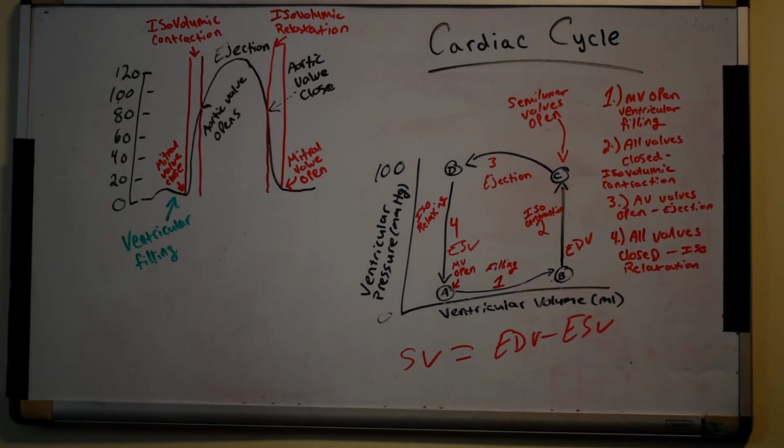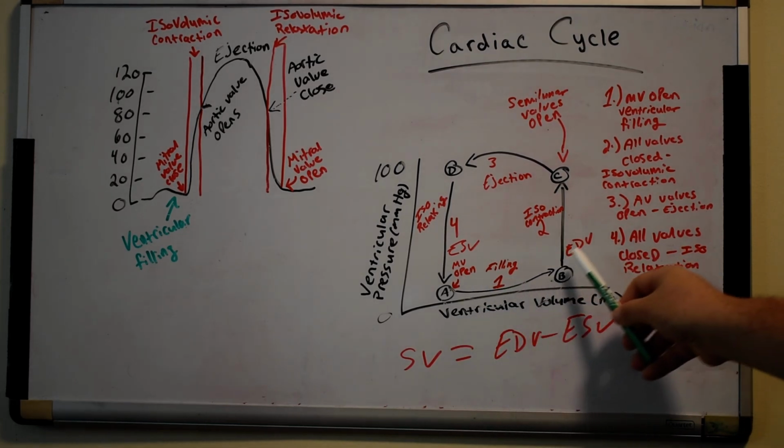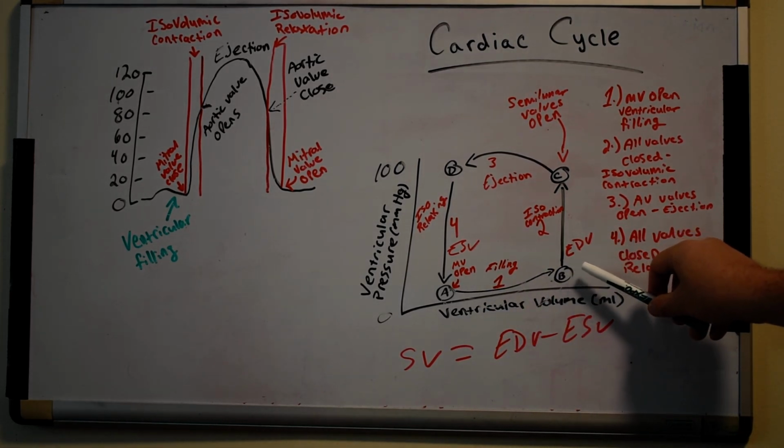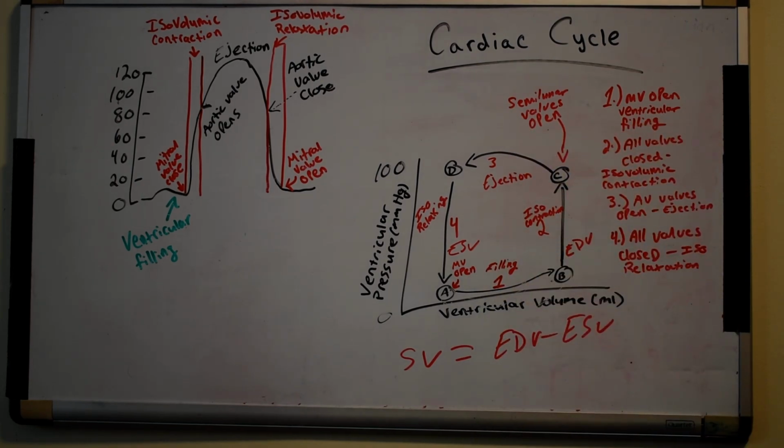And there are some upper limits to that, but I'm not going to get into that because that's some real cell histology and physiology that we don't really need to cover. But the basic principle is, if you can fill the ventricle with more blood, then you can eject more blood. It's simply like a rubber band effect.